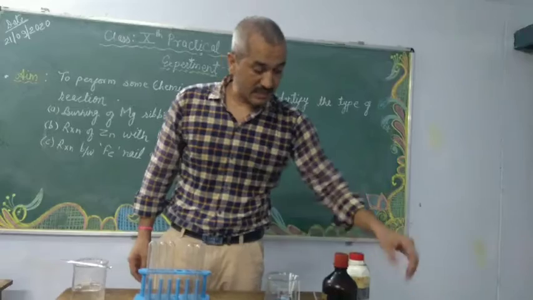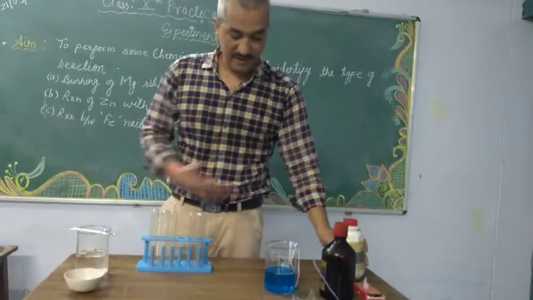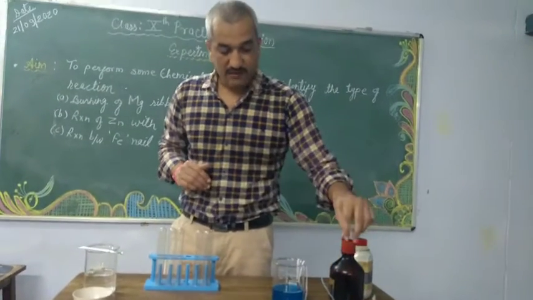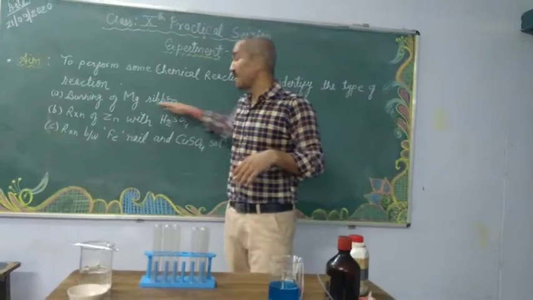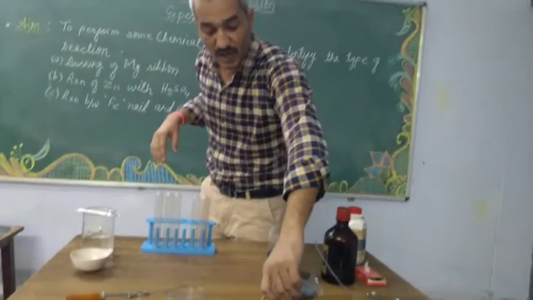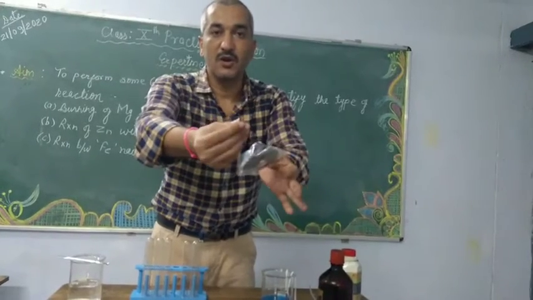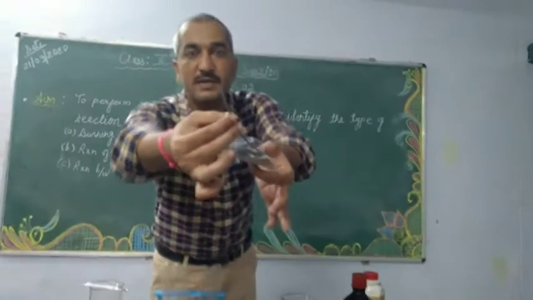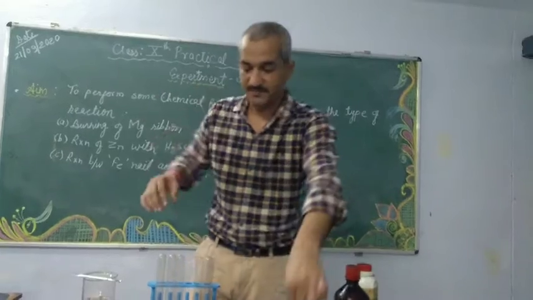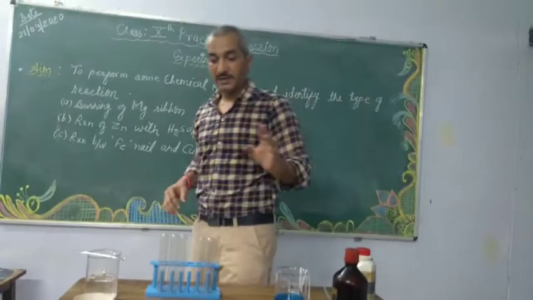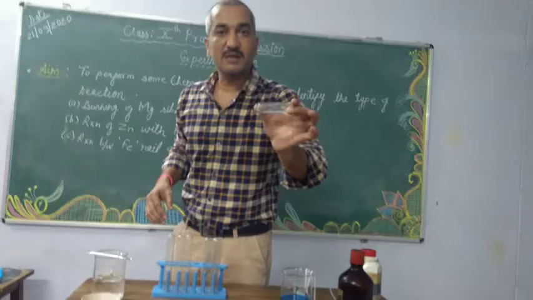Other materials: I have this copper sulfate. Then for carrying out the burning of magnesium, I have the magnesium ribbon. This strip you see here is the magnesium strip, and it will be burned. A petri dish is also needed.